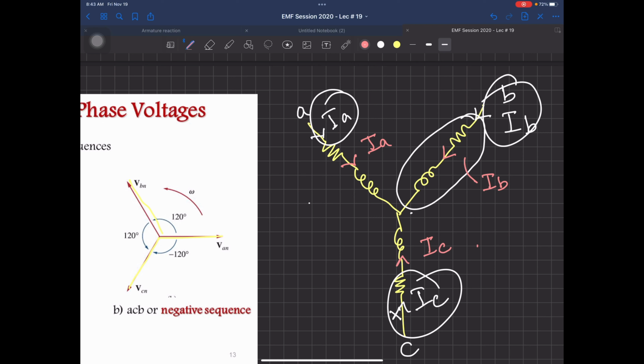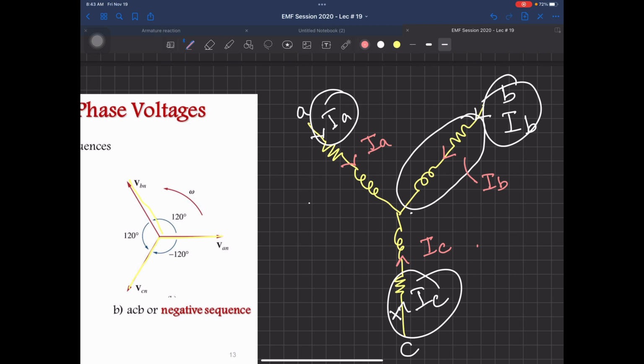IA, IB and IC, are they phase currents or line currents? Dhyan se answer karna. There are two attributes in a 3-phase system, phase voltage and line to line voltage. I am asking over here, in this Y connection, IA, IB and IC, are they phase currents or line currents? They are phase currents because they are flowing in each of the phases.